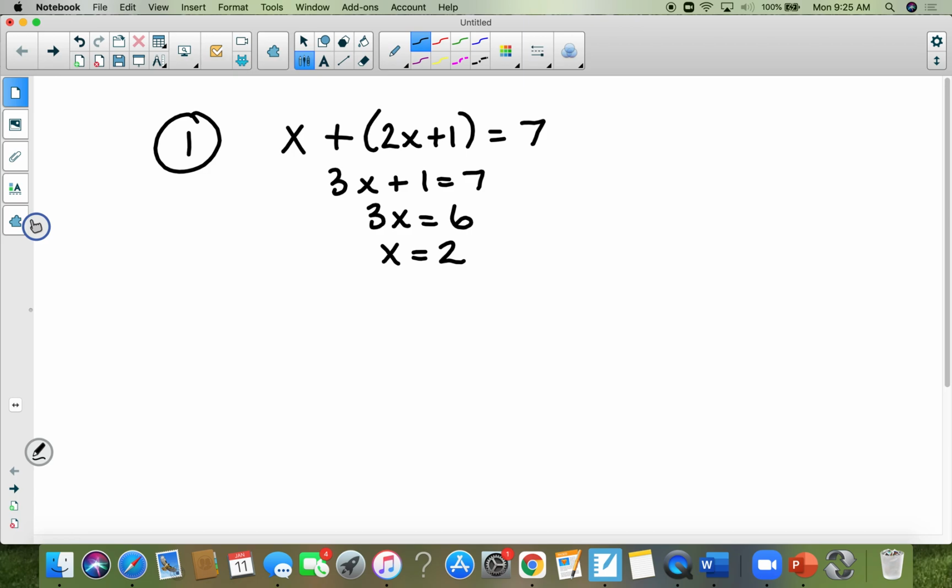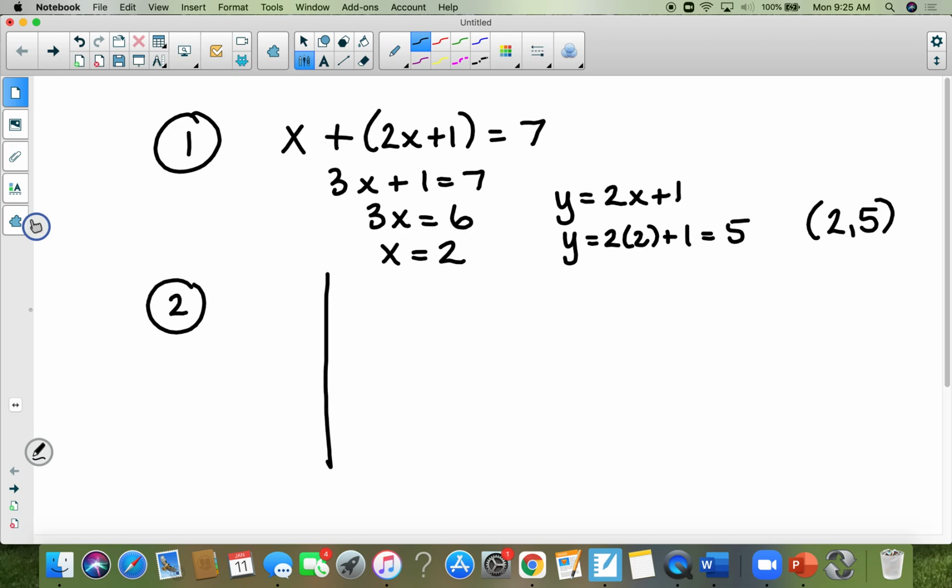And then all you have to do is put it back into the equation, y equals 2x plus 1, so y equals 2 plus 1, which is equal to 5. So that's number one. You can either leave it like that on the test, or write it as an ordered pair. It doesn't matter.